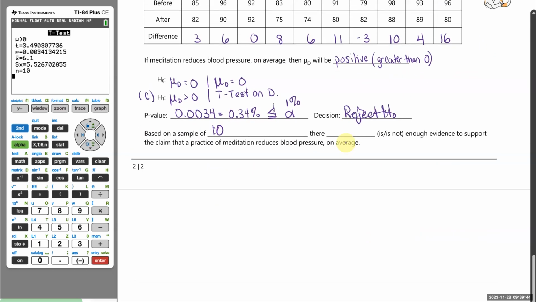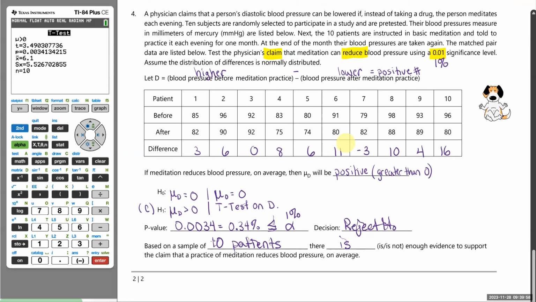So based on a sample of 10 patients, so when we reject the null, there is evidence to support the claim that a practice of meditation reduces blood pressure on average. All right, and there you go. That's how you're going to handle matched pair examples.